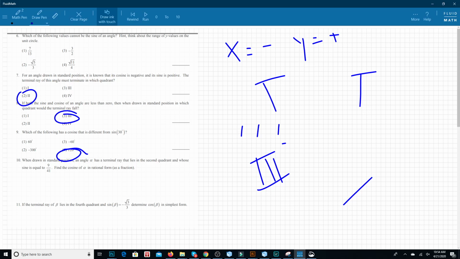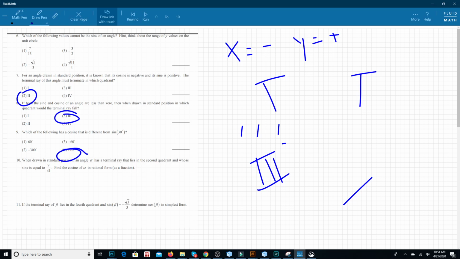When drawn in standard position, an angle alpha has a terminal ray that lies in the second quadrant and whose sine is equal to 9/41. What is the cosine of alpha in rational form?